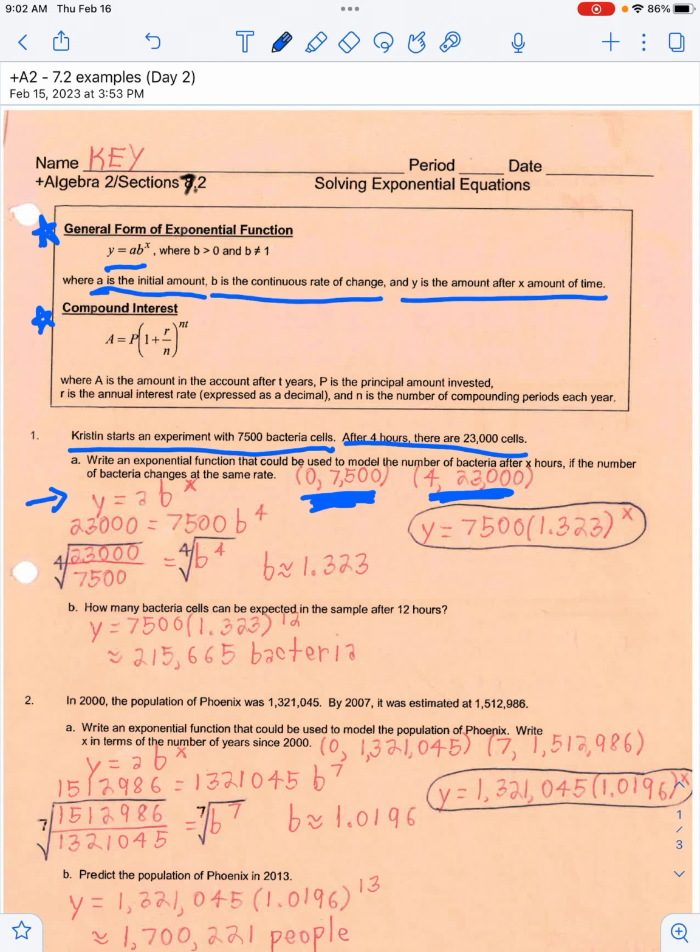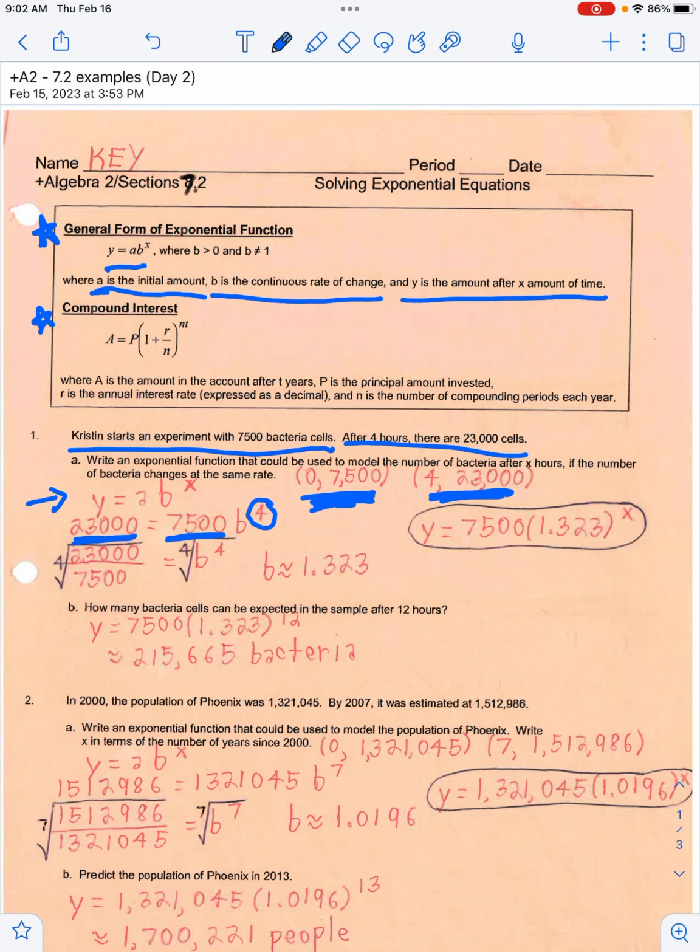Y, of course, is 23,000, and that's the number of cells we have after 4 hours. So notice for the time, we plug in 4 for x, because that's the time that it took to get 23,000 cells. And then for time 0, we plug in the 7,500 for the initial number of cells we have.